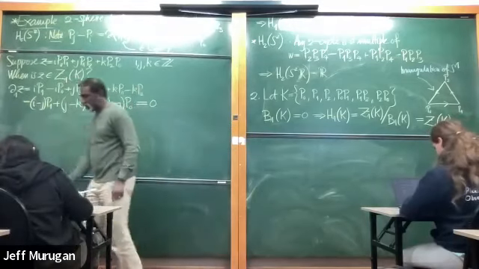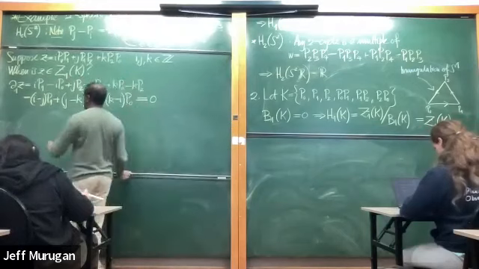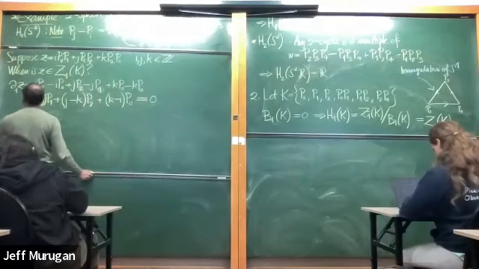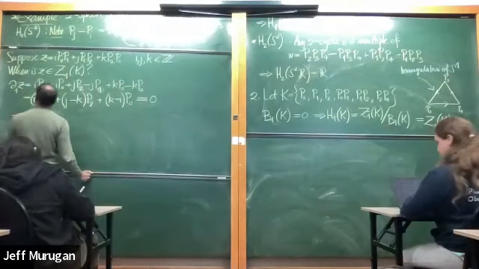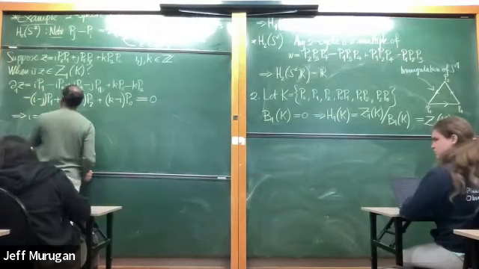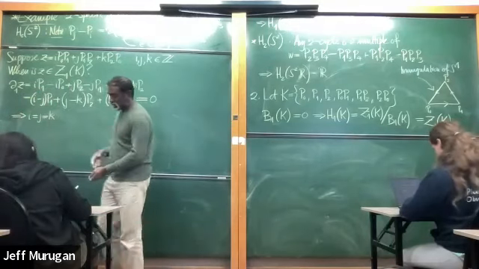It vanishes if i, j, and k are the same.